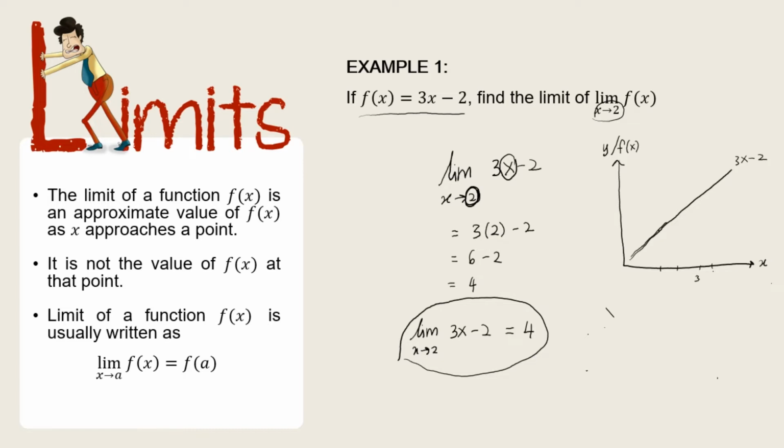So let's say we want to find when the value of x is approaching 3. So what is the value of f(x)? By substituting the value of x in the function. If we want to find when x is approaching 3, then we substitute the value of x here with 3. And we will find the limit of a function when x is approaching any value.